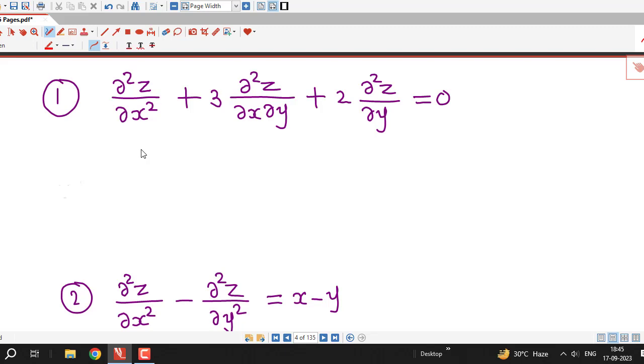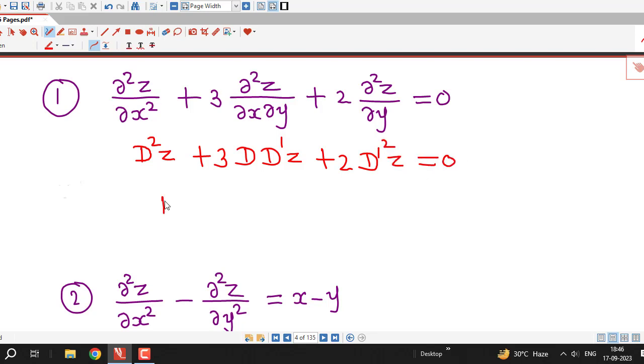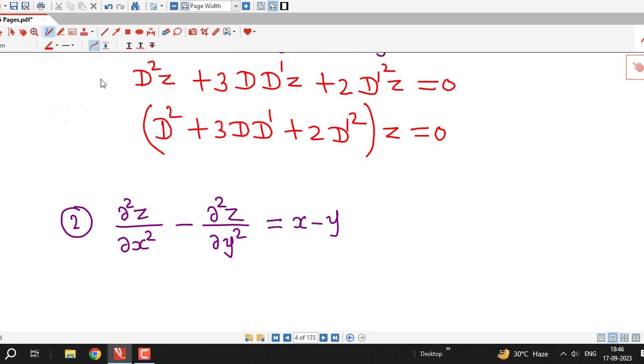Del square z by del x square, derivative of z with respect to x 2 times, that is D square z, plus 3 times derivative of z with respect to x and y both, that is D D dash z, plus 2 times derivative of z with respect to y 2 times, that is D dash square z equal to 0. And this we can rewrite by taking z common, D square plus 3 D D dash plus 2 D dash square z equal to 0.